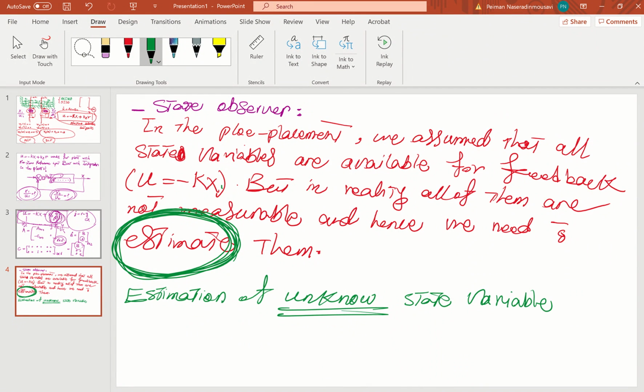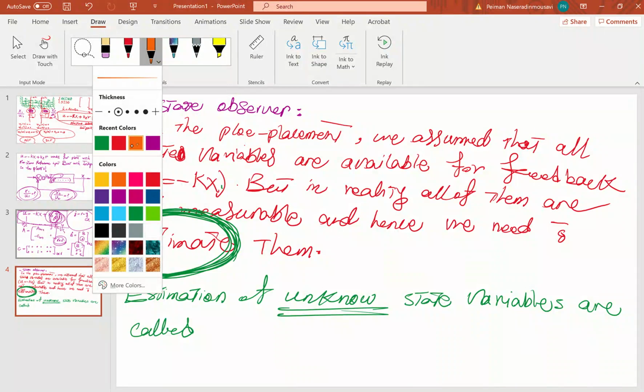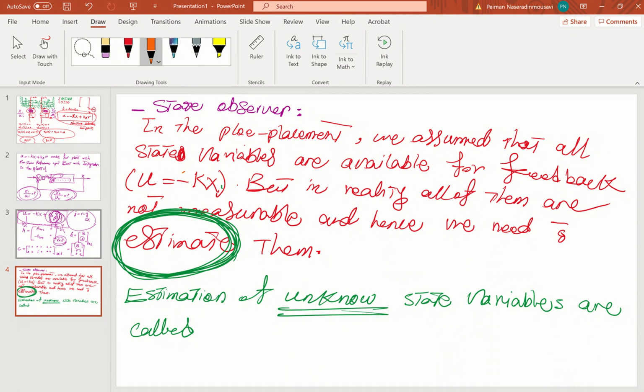Suppose that your temperature sensor in your home has noise, right? And you cannot measure it correctly, so you have to estimate it for controlling, for having the state feedback. So this is called observation.